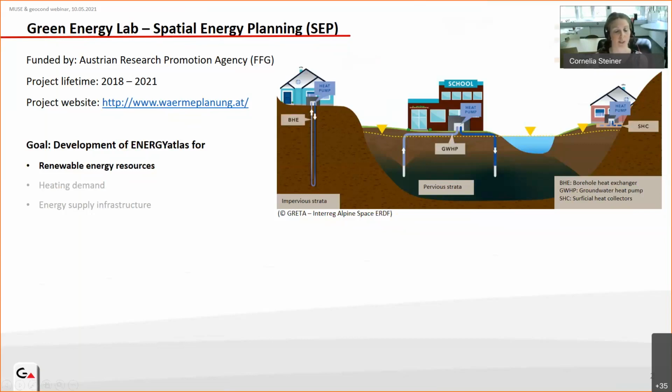And we, from the Geological Survey of Austria, have been asked to look into shallow geothermal energy. And so we developed methods to calculate the resources for borehole heat exchangers, for groundwater heat pumps, and for surface heat collectors. And in this talk today, we are going to focus on the borehole heat exchangers.